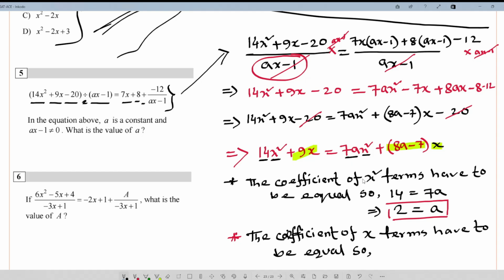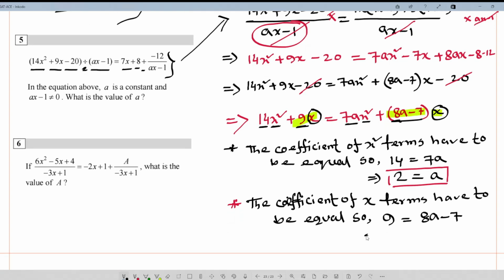So we can write here is 9 and here is 8a minus 7. 9 equals 8a minus 7 because the coefficients will be equal. Now this one we can write 9 plus, minus 7 will become plus 7, equals 8a. So here 9 plus 7 will be 16 equals 8a. So a equals, once we divide both sides by 8, a equals 2.